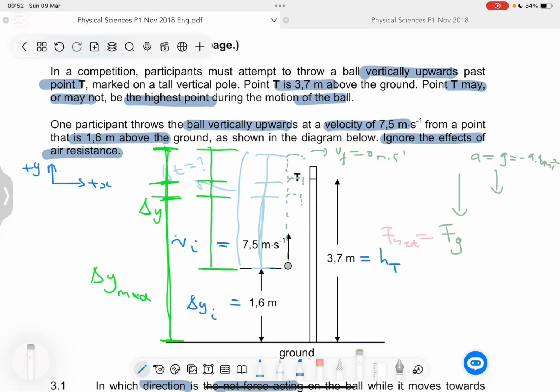Now notice that I'm not rounding off my answer here because it is not the final answer. Remember, the change in y is either this height or this height or that height. This is the change in y here. But we actually need the height from here to here, or here, or here, which is the change in y max.